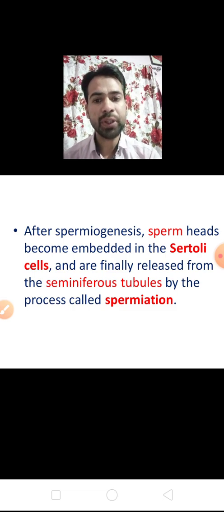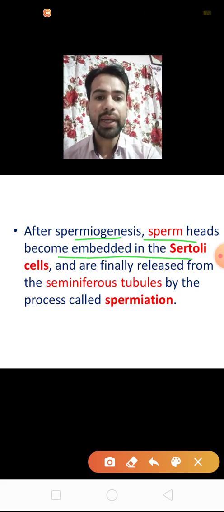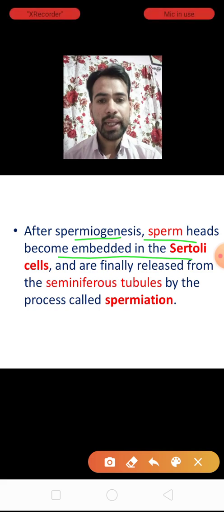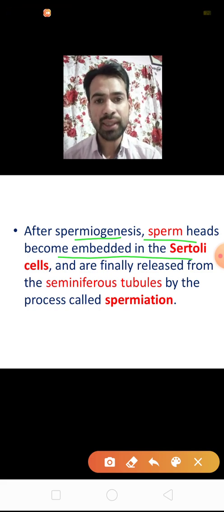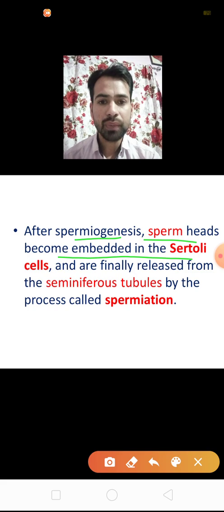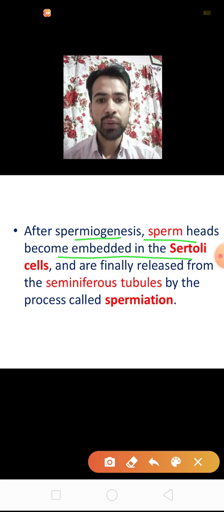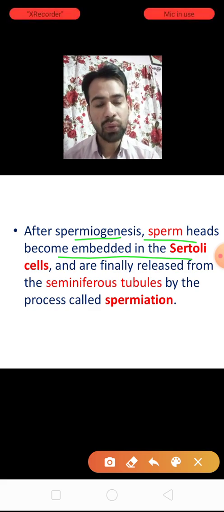after spermiogenesis, the sperm becomes embedded in the Sertoli cell. You remember Sertoli cell? Sertoli cell is the second cell of the seminiferous tubule. The function of the Sertoli cell is to provide nourishment to the spermatogonia.